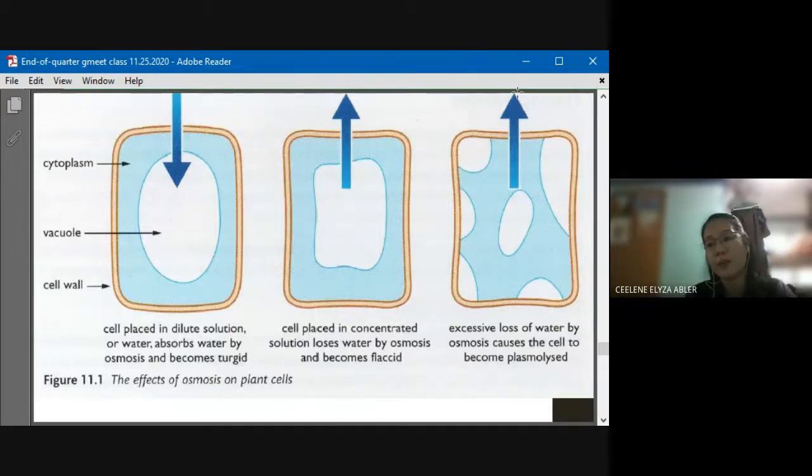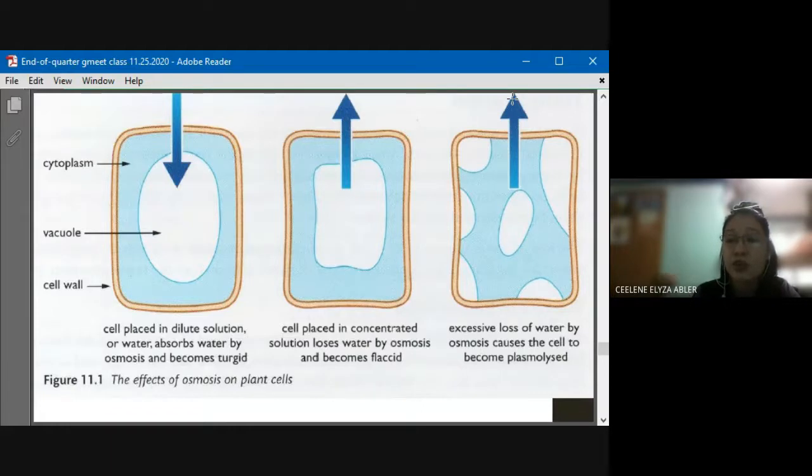So for example, in your upcoming activity on osmosis, what will happen is actually this one, plasmolysis. The inside of the cell is hypotonic compared to the outside of the cell, which is hypertonic, so the concentration of solutes is higher outside. Tonicity, class, refers to the amount of solutes.